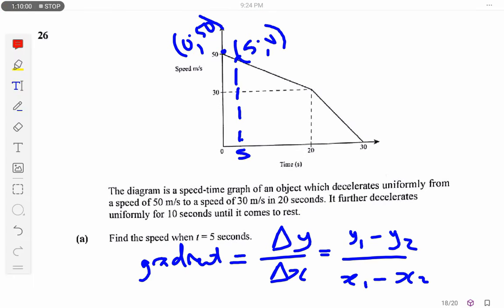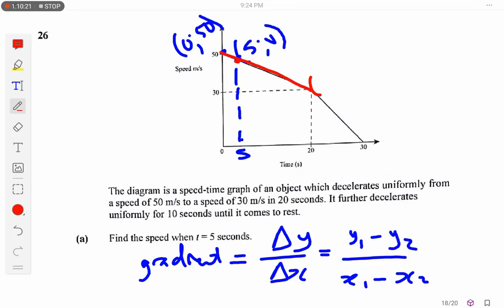It's the same gradient throughout, so I can even use this point here, which is 20 and 0.